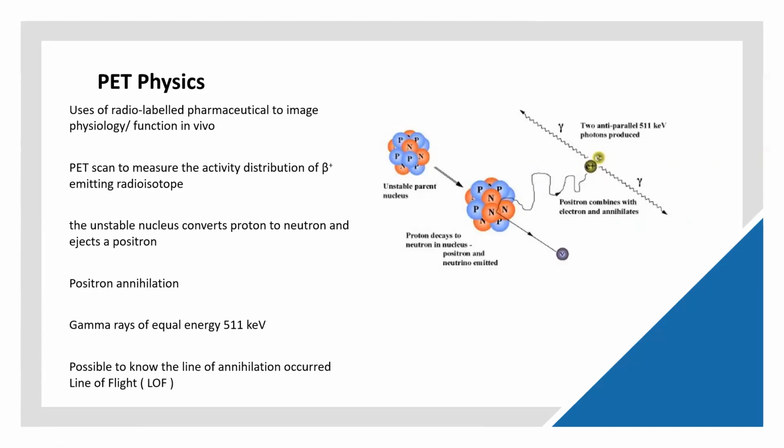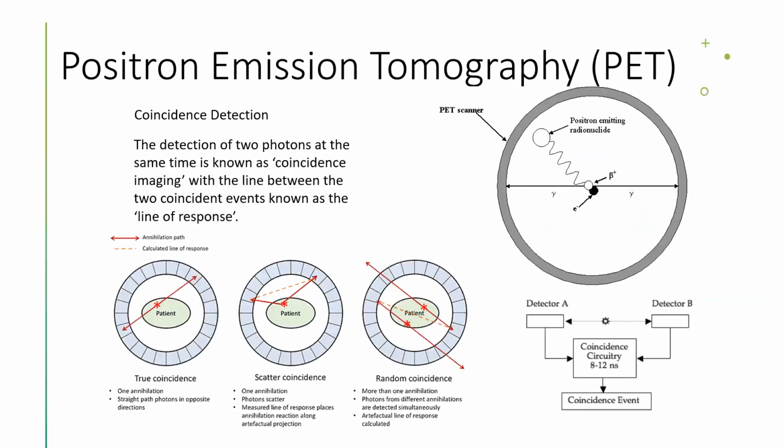Individually, these two photons are known as singles, and because of this annihilation line, we can know the line of flight. Now what if we have a detector around this radioisotope?